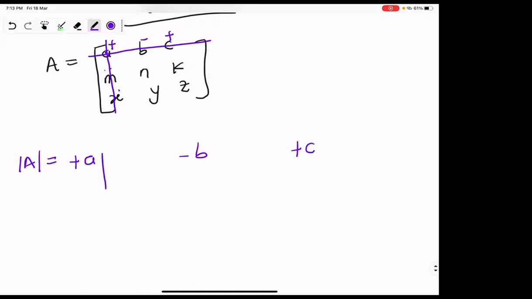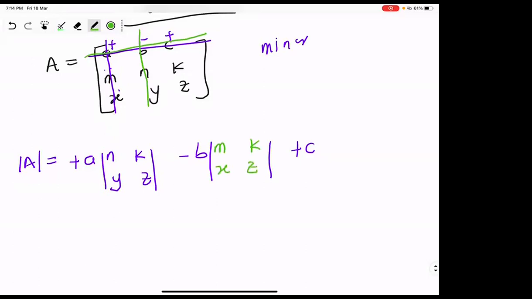We write down the 2 by 2 minor matrix we are left with, N, K, Y, Z. Our second component, minus B, is in the first row and second column; we are left with M, K, X, Z. Our third component, C, is in the first row and third column; we are left with M, N, X, Y.